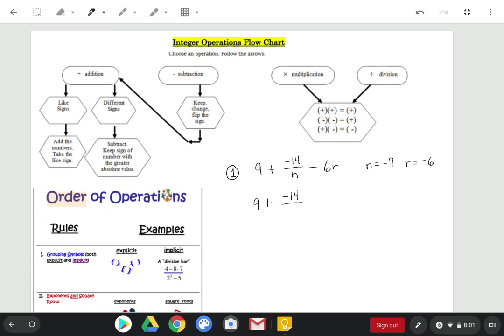So it's negative 14 divided by, n is negative 7. So instead of writing n, I'm going to substitute in the value negative 7, minus 6 times, and instead of using r, I'm going to use the value negative 6. And I'm actually going to use parentheses to indicate multiplication.